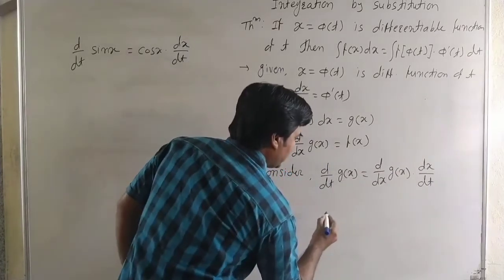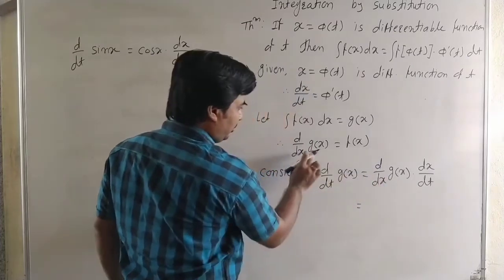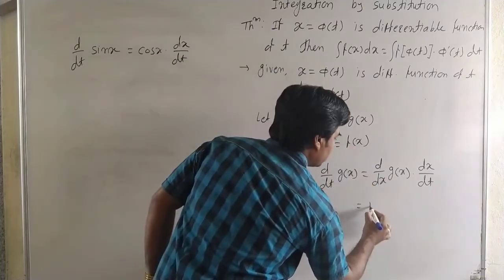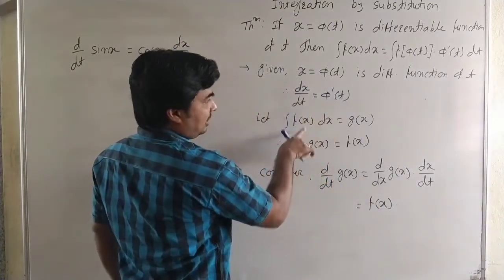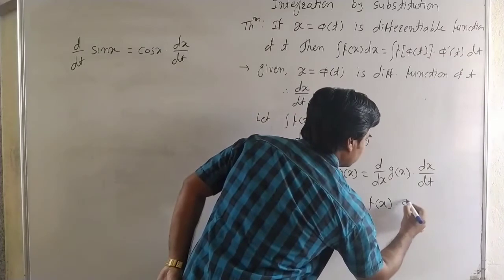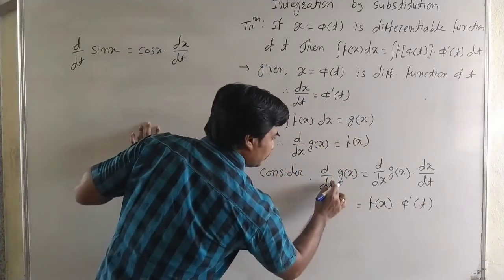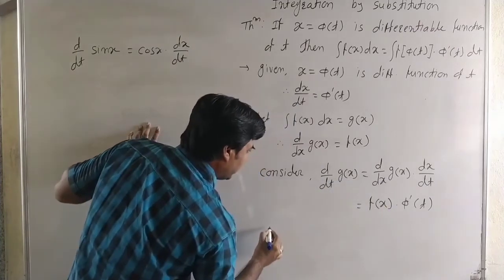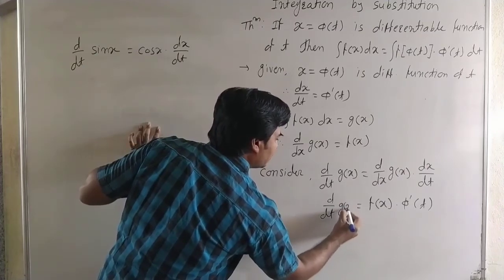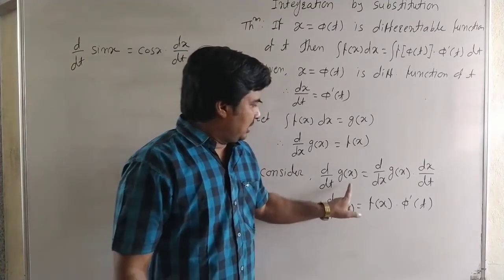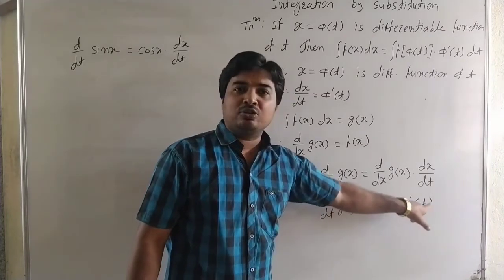Now, therefore, we can write the derivative of g of x as f of x into dx by dt, and dx by dt is phi dash of t. So the derivative with respect to t of g of x is f of x into phi dash of t.